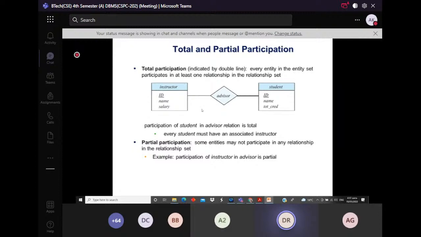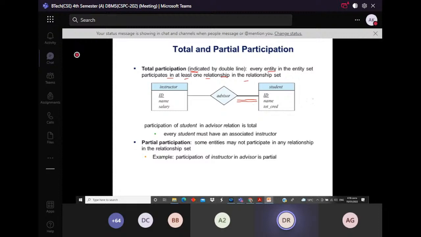Total participation is indicated by a double line. What is the meaning of total participation? Every entity in the entity set participates in at least one relationship in the relationship set.